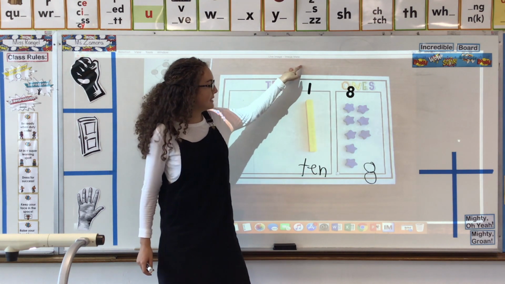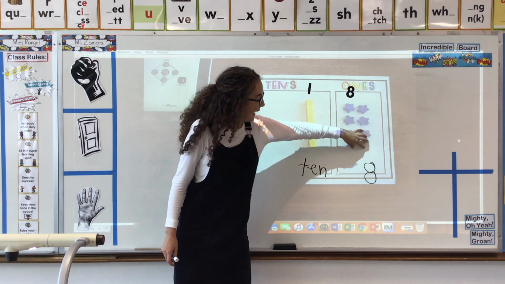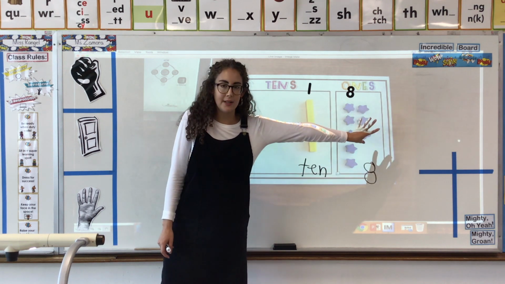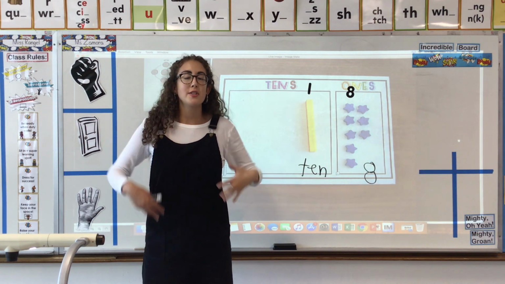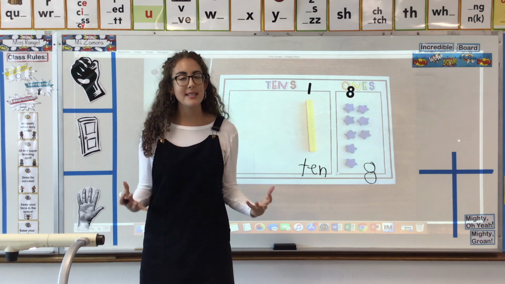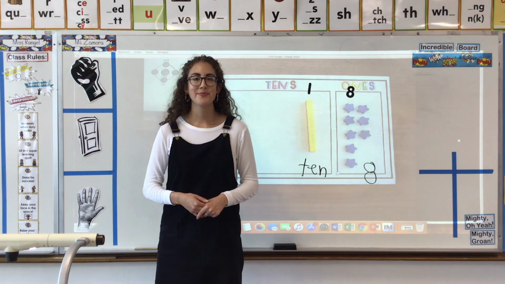Within that, there's 1 ten and there's 8 ones. 10, 8 is 18. So we are using this place value chart to see how the Say 10 way describes the value of a number.